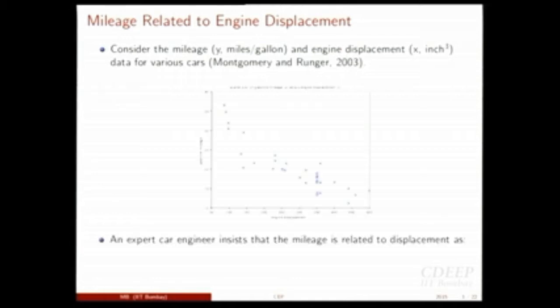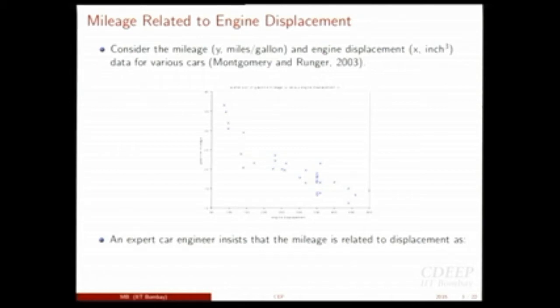Let me look at this problem again and frame it using statistical ideas. It is a similar problem, a simple linear regression problem. You want to regress the dependent variable. This data is taken from a book and it is data for actual cars.